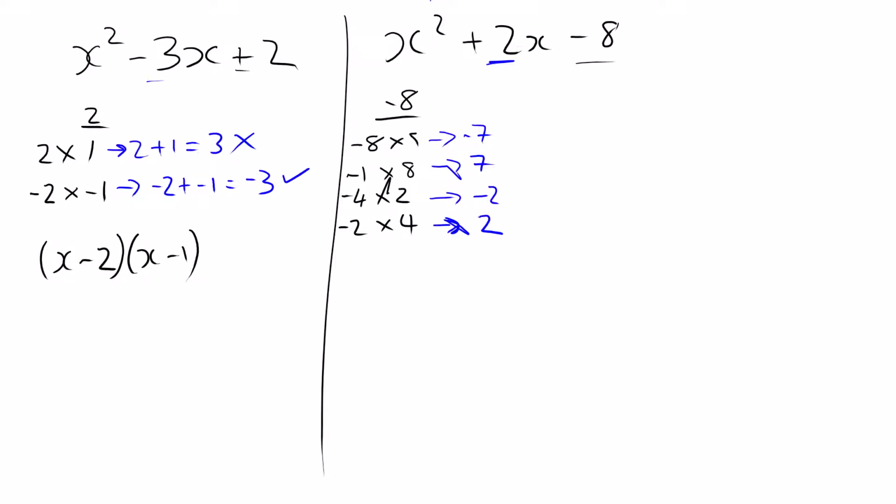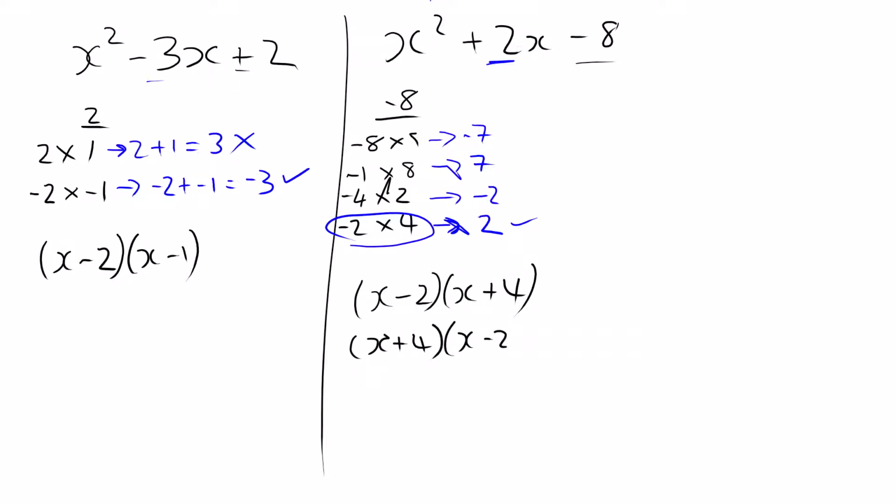So look here, this is positive 2, so we need our minus 2 and 4. So then we can simply write out our quadratic, x minus 2, x plus 4. Just a point to note here, we can write this as x plus 4 and x minus 2. It doesn't matter which way round they are, as long as we have the negative with the 2 and the positive with the 4 for this example.